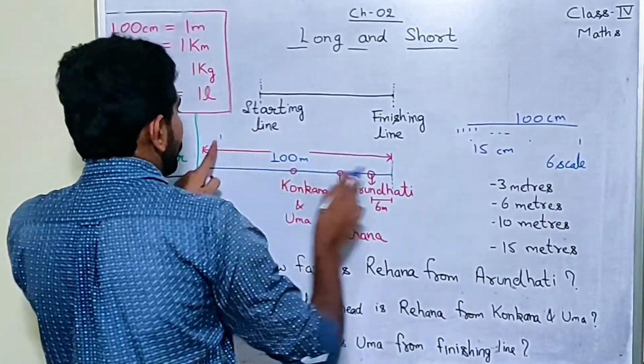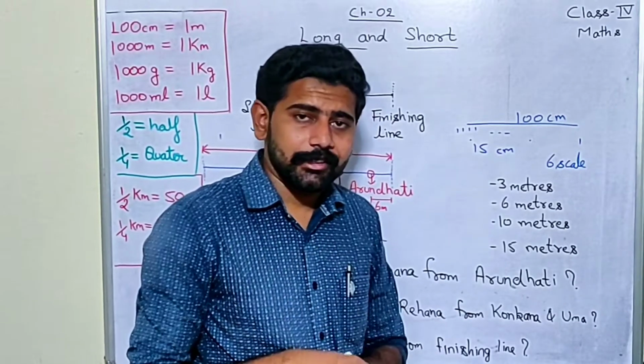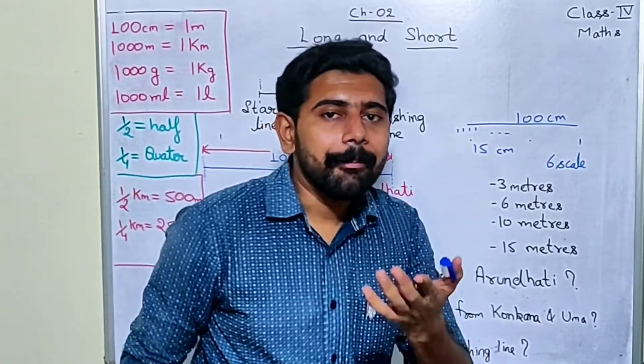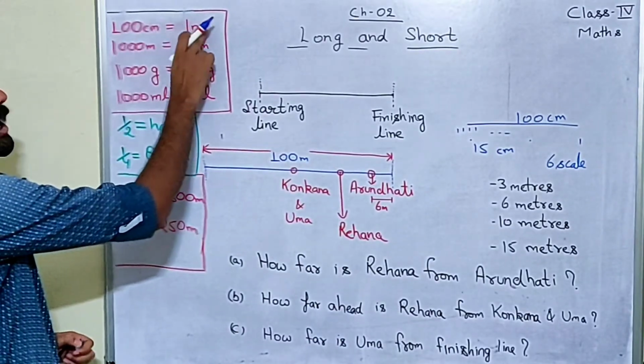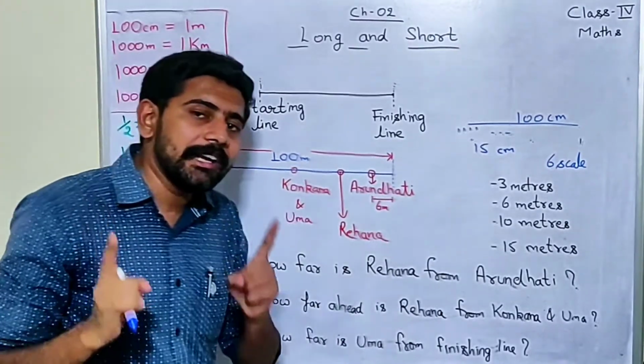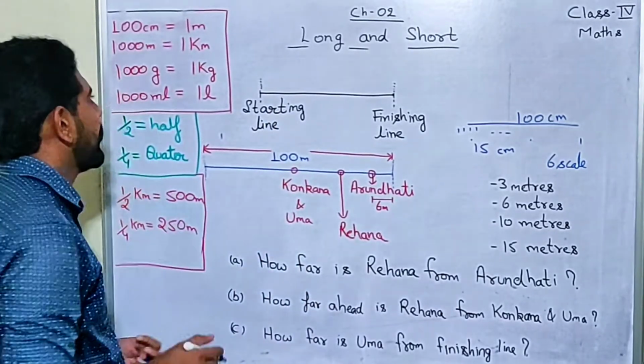That would be most probably from here to here. Then what is it? It becomes a meter. That means 100 centimeters is equal to 1 meter.